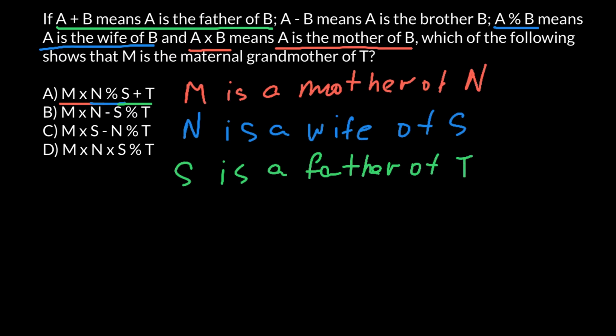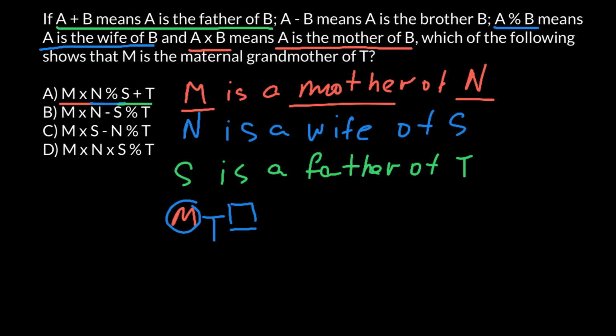The first statement tells us that m is the mother of n. So we put a circle around m, the mother of n. We can put a box here which would represent her husband, and she is the mother of n.